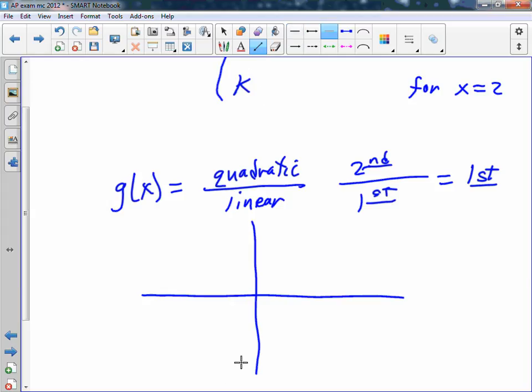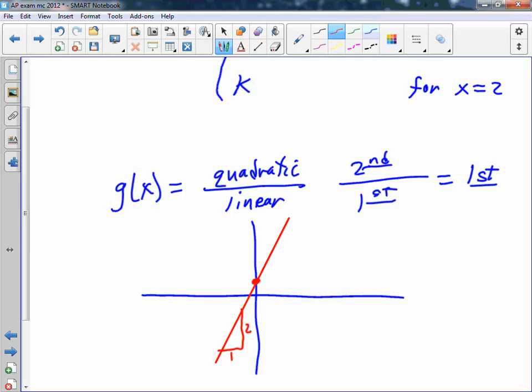Yeah, that thing is a line, and it has a y-intercept at 1, I believe. Tell me if I'm wrong. A y-intercept of 1 and a slope of 2, yeah? So it's really y equals 2x plus 1.